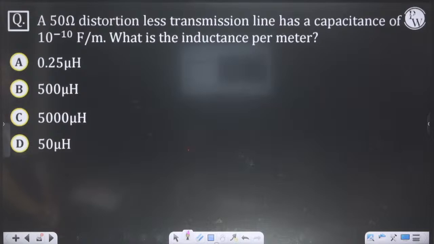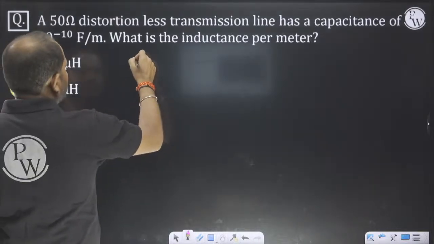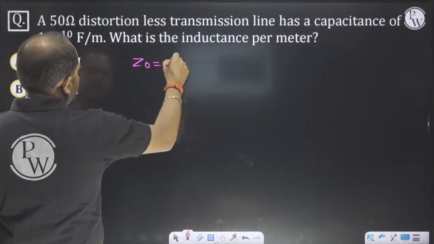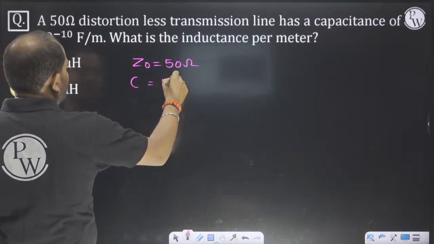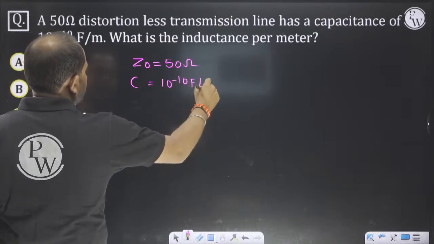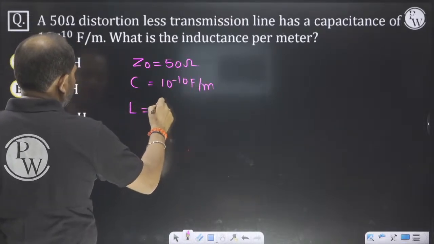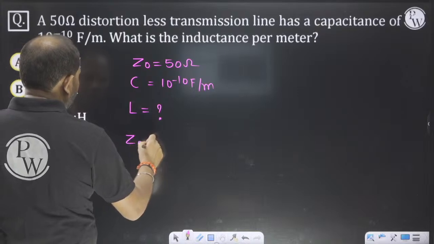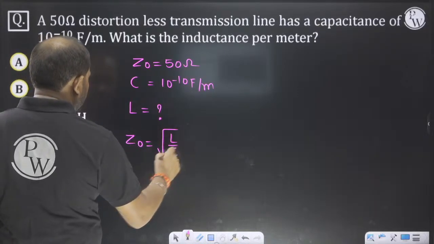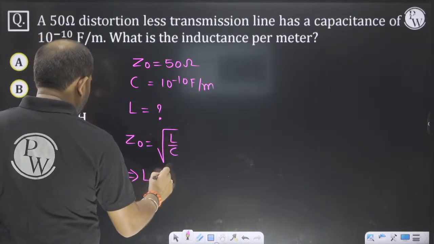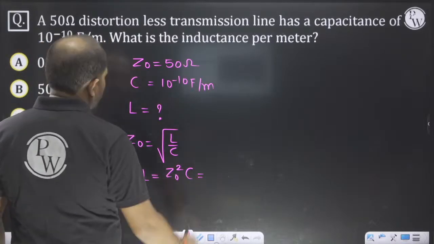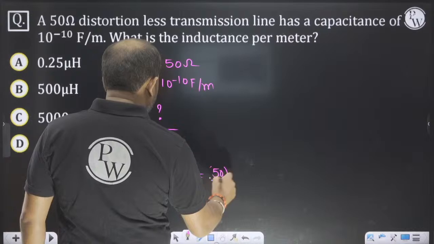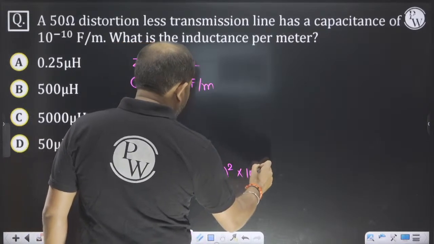A 50 ohm transmission line, characteristic impedance is given. Inductance they are asking. So Z0 is 50 ohm, and C is equal to 10 to the power minus 10 farad per meter. They are asking L. So Z0 is equal to under root L by C, L is equal to Z0 square into C. Z0 is 50, so 50 square into 10 to the power minus 10.